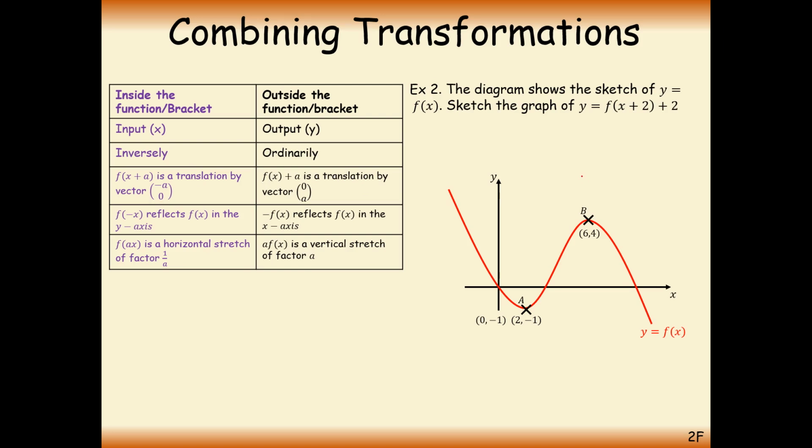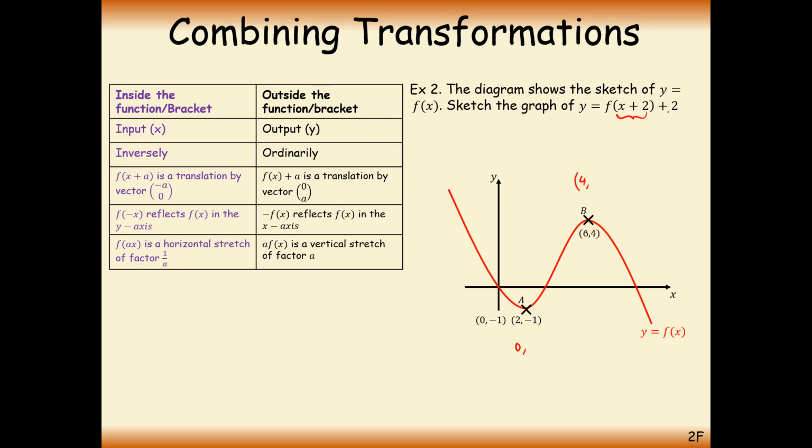Therefore 6 will become a 4. That is, the x-value will be changed by the opposite or inverse of a +2, which is -2. And this 2 will become 0 because 2 minus 2 is 0.